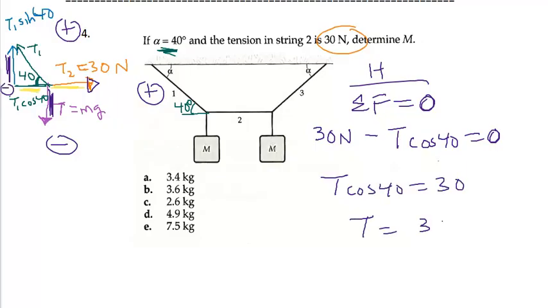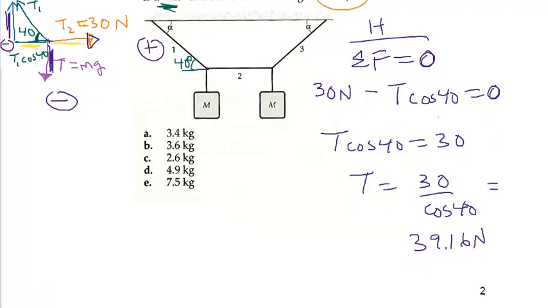So T equals 30 over cos 40, which is 39.16 newtons. Is that all we care about? Nope. Oops, I dropped the which tension is this? This is T1. So we know this is 39.16 newtons.